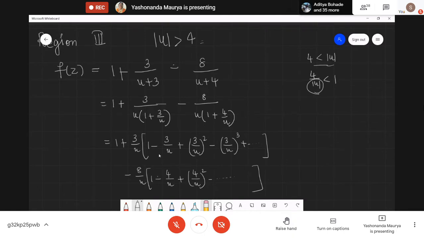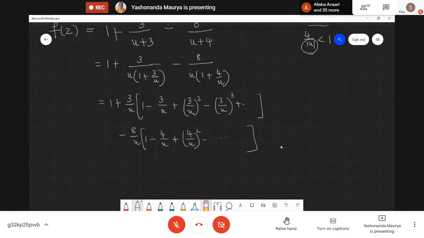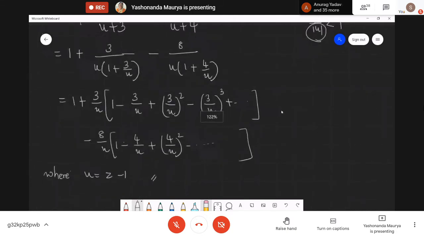You can club the powers of u and write down the coefficient together, or you can even leave this. So is the idea clear now?